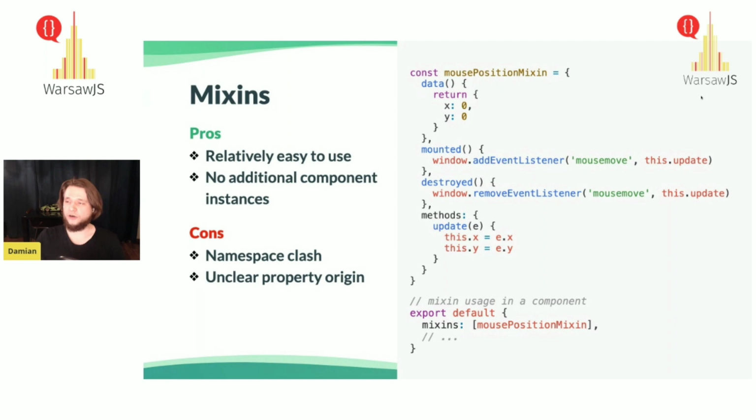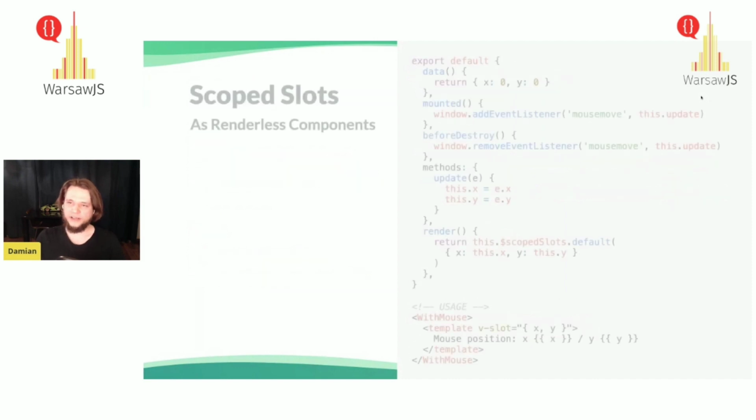You probably shouldn't call those properties X and Y to begin with, but who am I to judge? The other problem is that once you use multiple mixins, you don't really know where those properties came from unless you do a search. So it's not ideal.